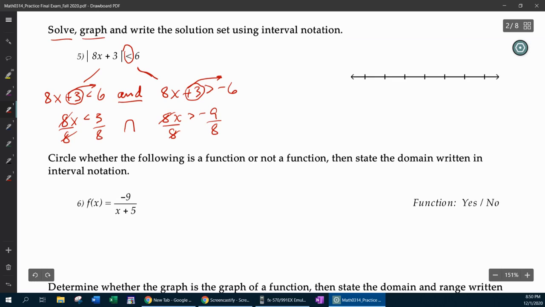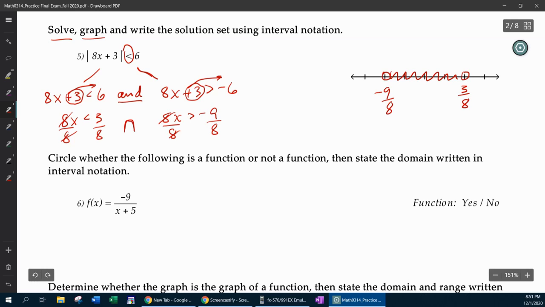Now for the graph, -9/8 is where the shading will start, and 3/8 is where the shading will end. And we're going to shade everything in between.